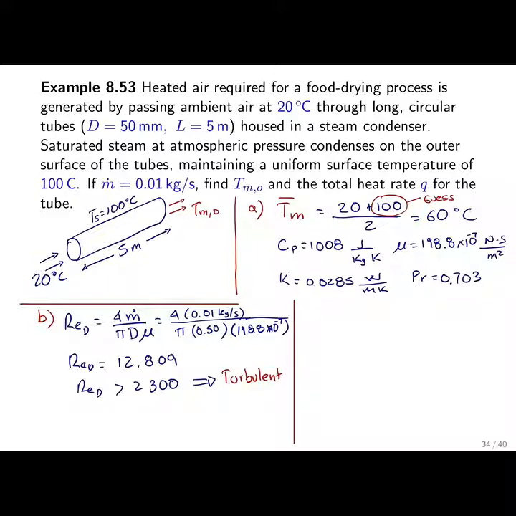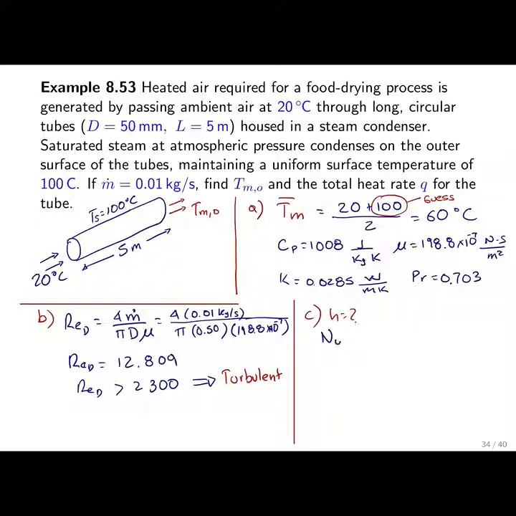Okay, now that we know that the fluid is turbulent, we have to compute h. So the last part, part C of the problem, is to compute h. We need to use some of the correlations. The correlation that we are going to use is, of course, the one corresponding to turbulent flow.